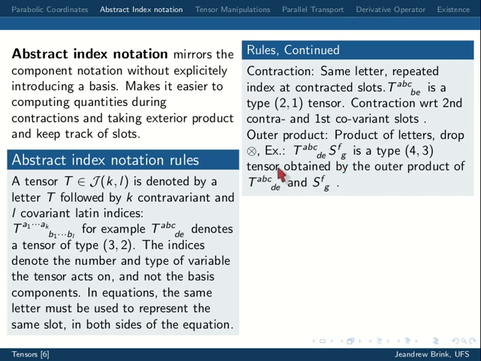So this is the tensor obtained by the outer product of T, A, B, C, D, E and S, F, G. In some sense, using this abstract index notation, even though you don't have the basis, is a much more intuitive way of thinking about the tensor. Questions here? No.